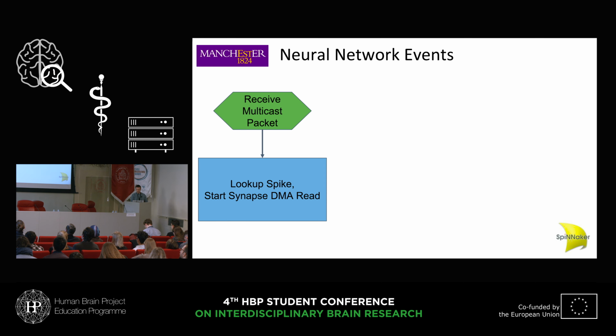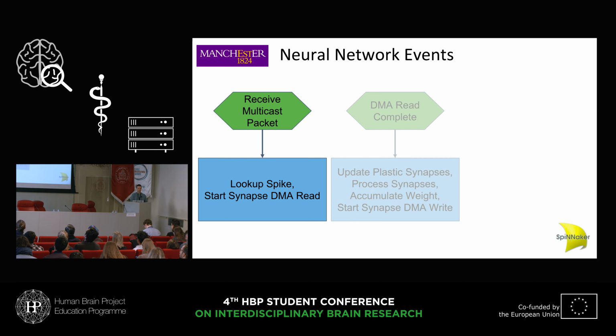So let's have a look at the sort of events that we have to process. We have the reception of multicast packets. In this case, you then have to look up the spike and start a DMA. These are basically controlled by the event-driven API, so this is how we use the event-driven API in our neural code. When a DMA transfer completes, we can then accumulate weights.